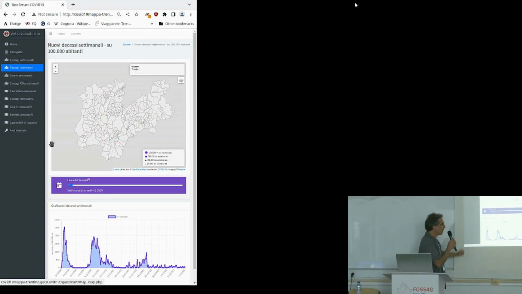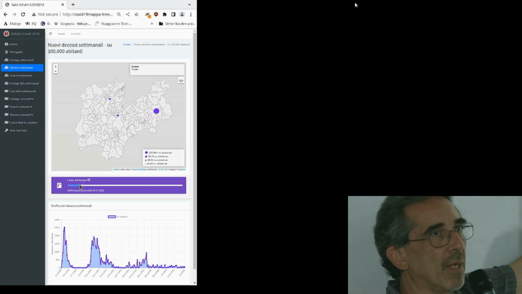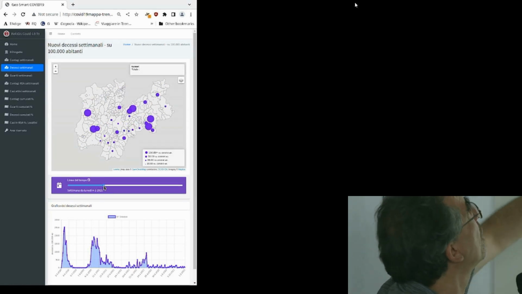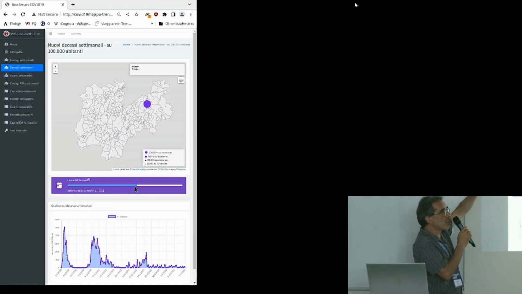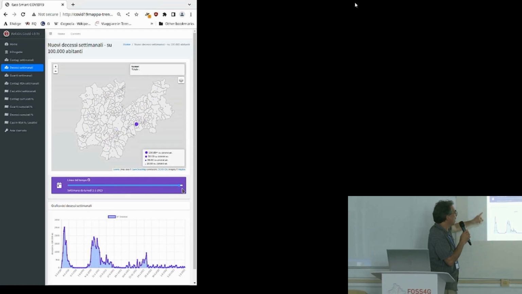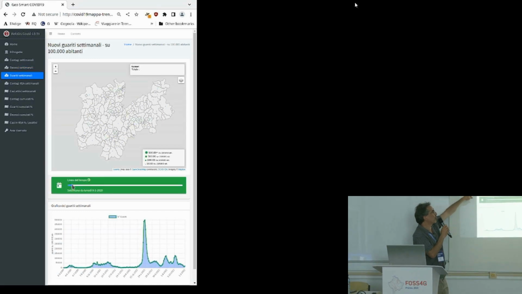And you can also use the same interface to display the data in other situations. Like this is new deceased people for each week, always per 100,000 people, and it is both the statistical level and the graphical level with the distribution on the different municipalities.